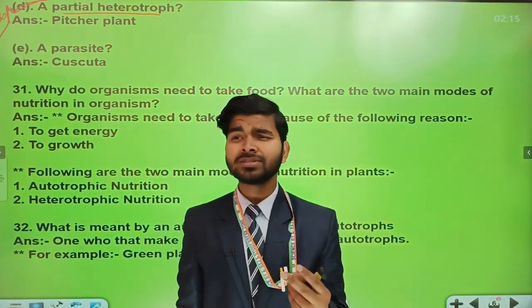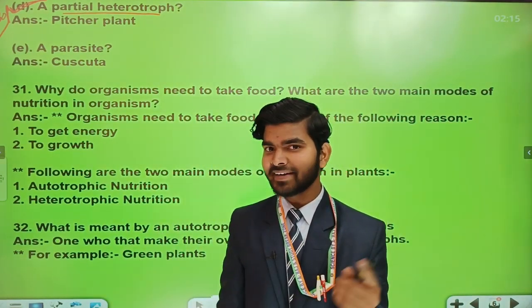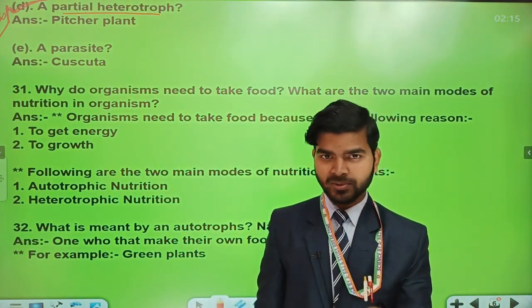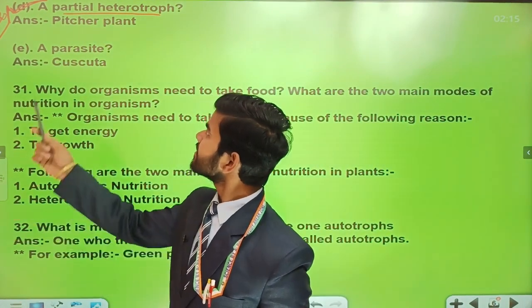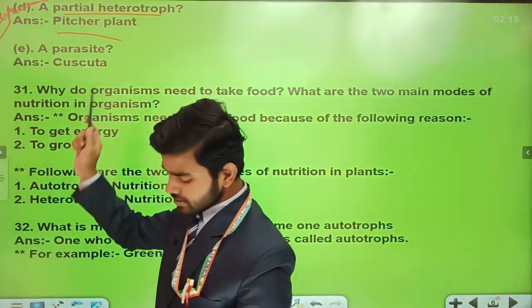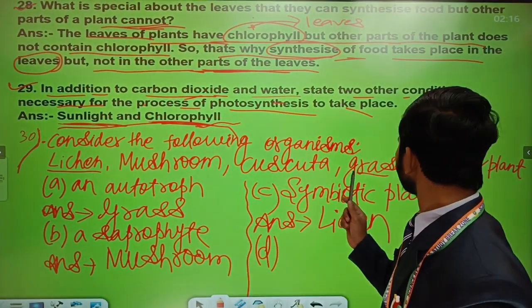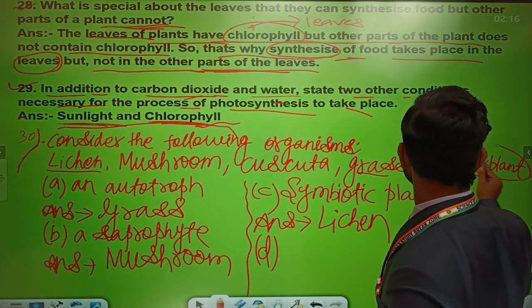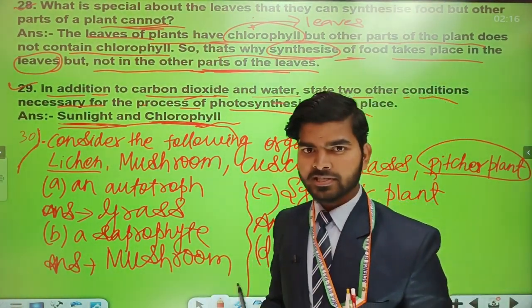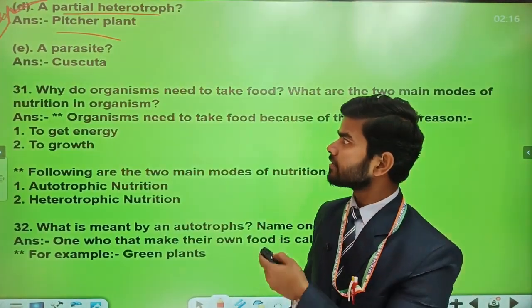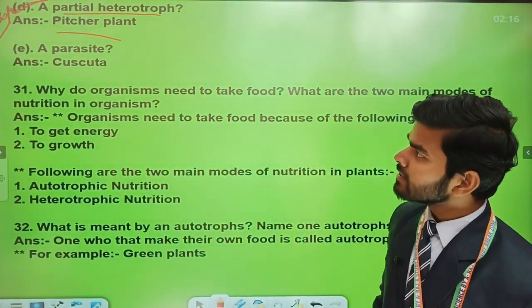Actually only two to three questions are missing, so that's why I have written only those for you. So you must write down those particular questions in your notes. The question is asking a partial heterotroph. So pitcher plant, because I have told you pitcher plant is an insectivorous plant, which is partially heterotroph as well as autotroph. So that's why pitcher plant is the correct option. Next one, a parasite.